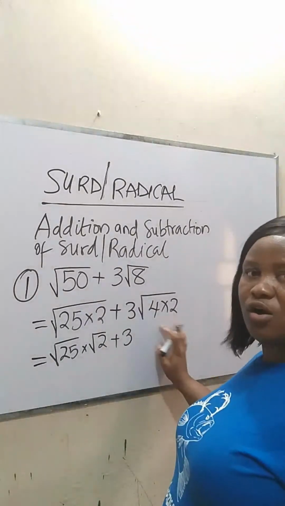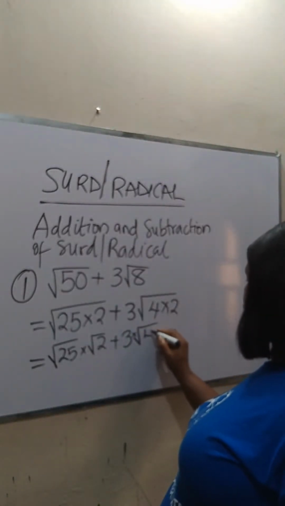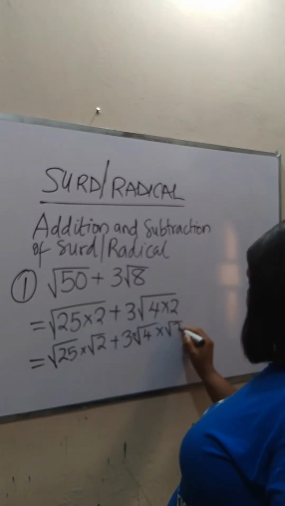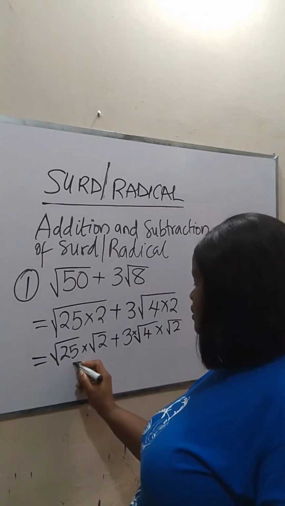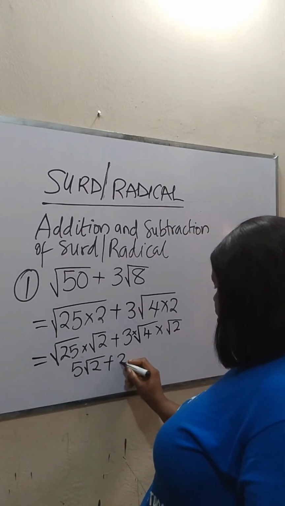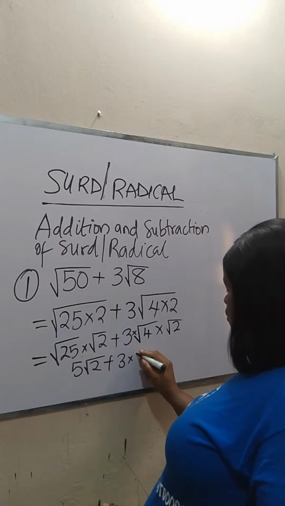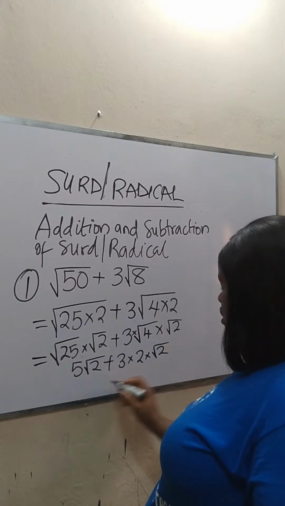We will apply the law here again. That is root 4 times root 2. Okay? So root 25 is 5. Then root 2 plus 3 times root 4 is 2 times root 2.